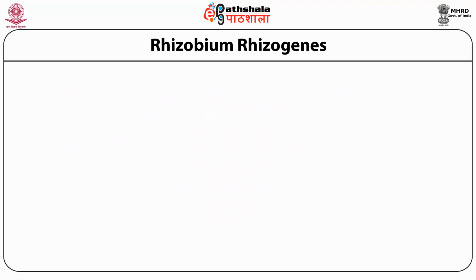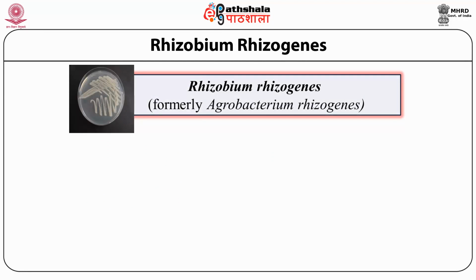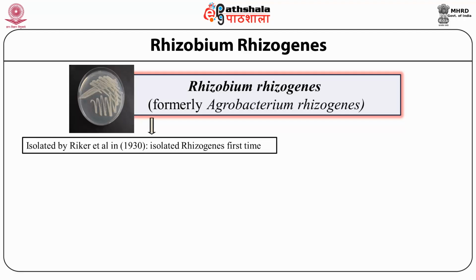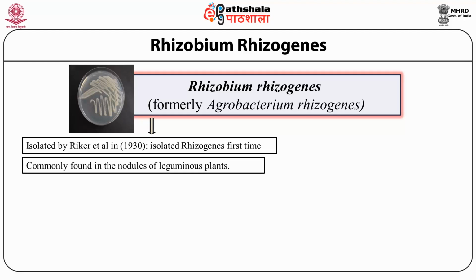Now, in continuity with Agrobacterium, we come to a species of Agrobacterium, that is rhizogenes, or you can say Agrobacterium rhizogenes. Recently, this bacterium is called Rhizobium rhizogenes, which was first isolated by Riker in 1930. This bacterium was first isolated from the nodule of leguminous plants.